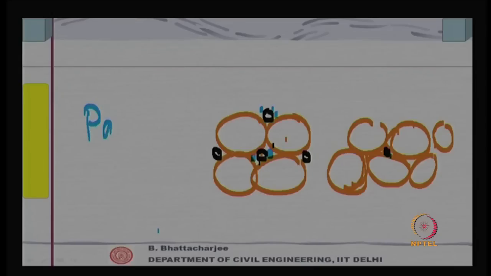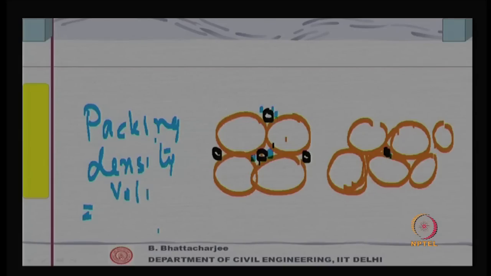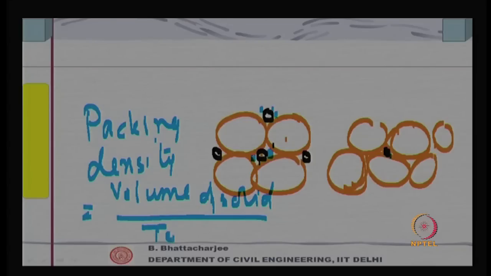So, we define a term called packing density, and it is the volume of solid divided by total volume. So, it is the volume fraction.